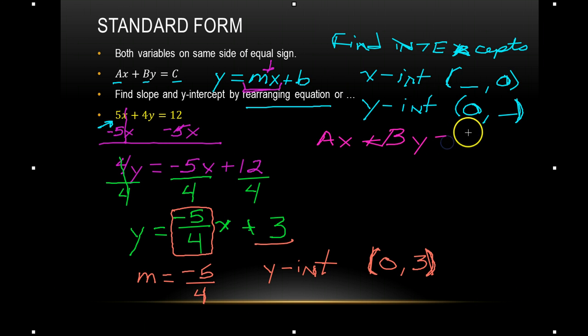What if we solve this equation for y, keeping the a and the b and the c as letters? Let's do the same steps as what we did over here. First, we subtracted the term with the x. So the same thing here, to get by by itself, I need to subtract ax.